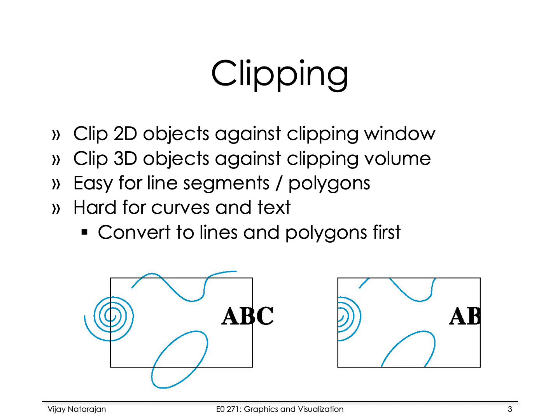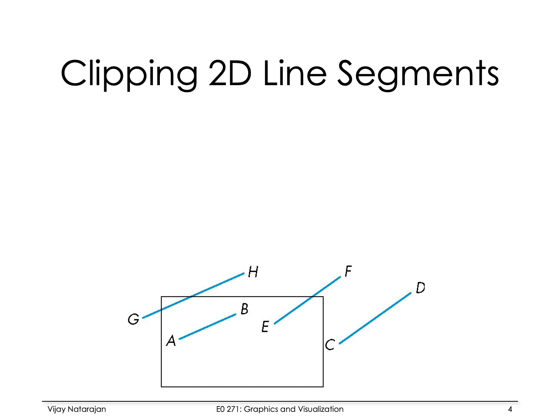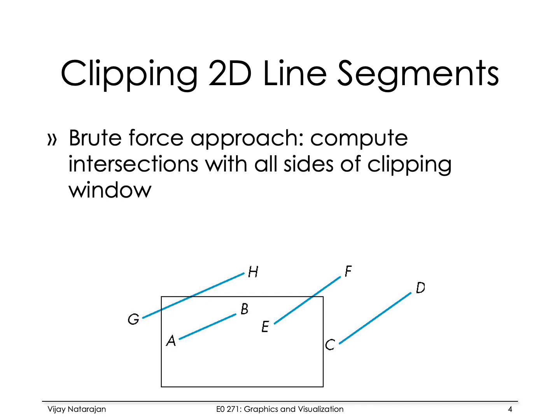So what you have in the black rectangle is the clipping window. Let's begin by talking about clipping 2D line segments. So we want to clip the blue line segments here and identify the ones that lie inside the black clipping window. The brute force approach could very well work.